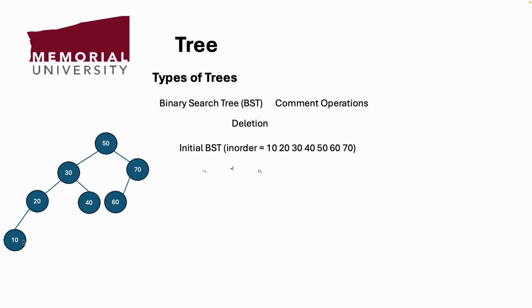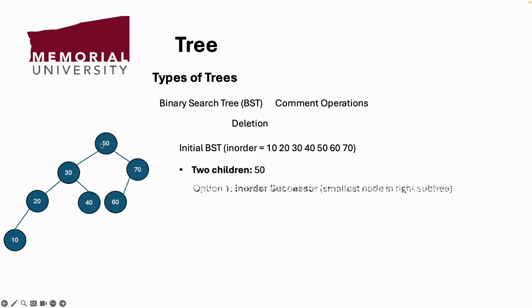For the third scenario, deleting a node that has two children. For example, delete 50, the root node. How can we process it? Option 1 is the in-order successor. It means the smallest node in the right subtree.